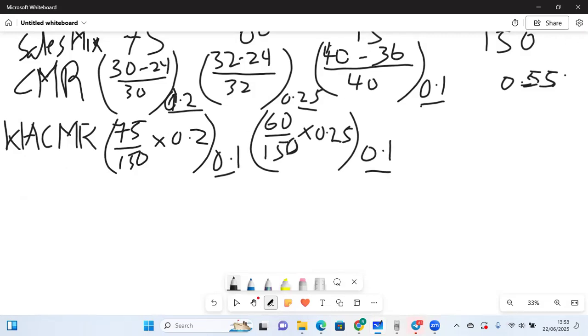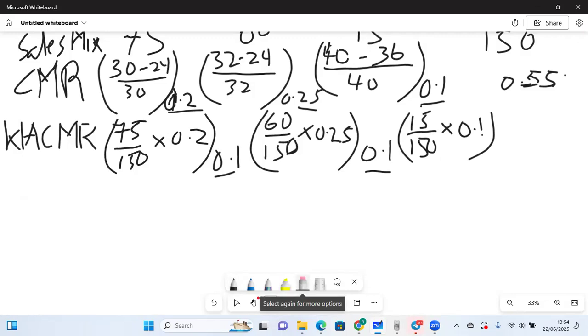The next one is 15 over 150 times 0.1, which is going to be 0.01. Right, so in total, we are going to get 0.21.